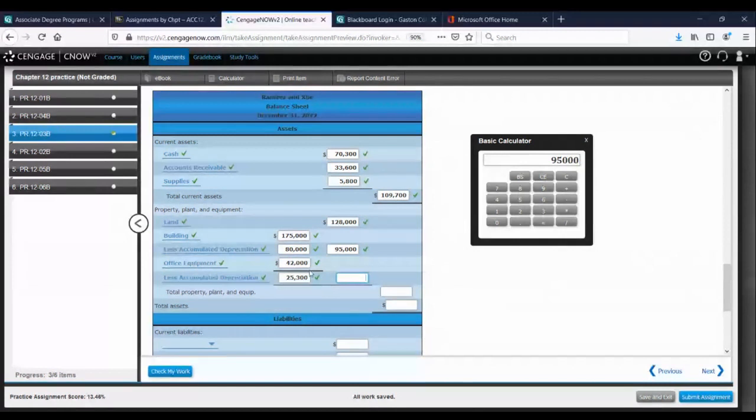And then we'll determine the book value of the office equipment, which is the cost of the office equipment of $42,000 less the accumulated depreciation. The book value for your office equipment is $16,700.